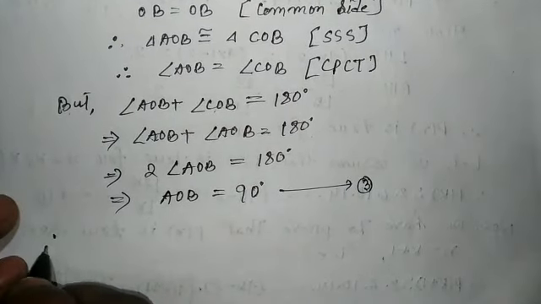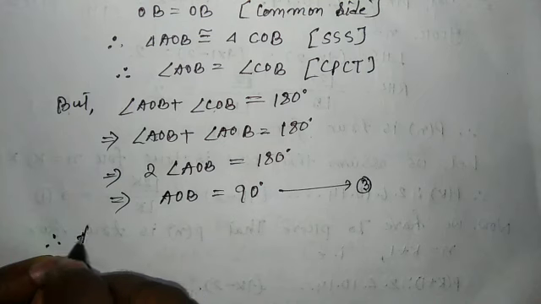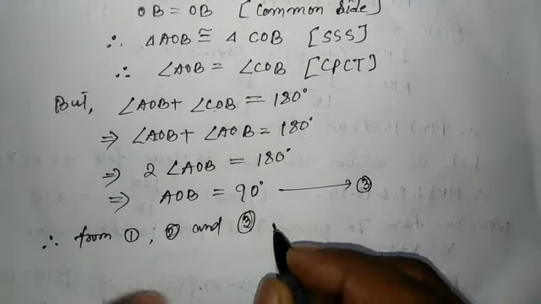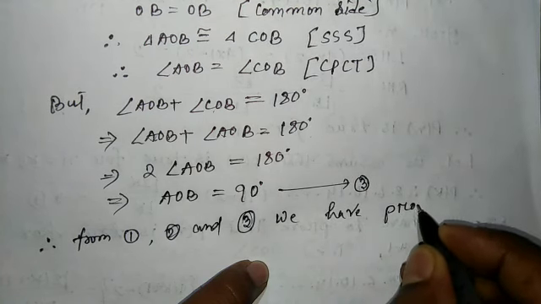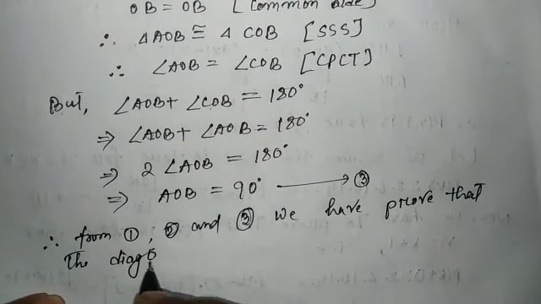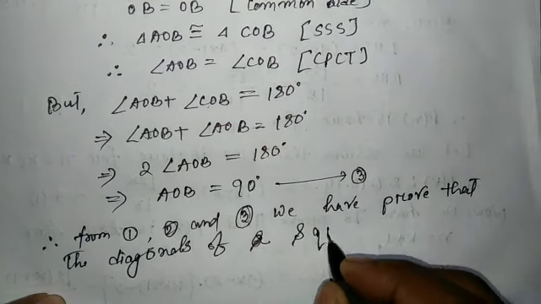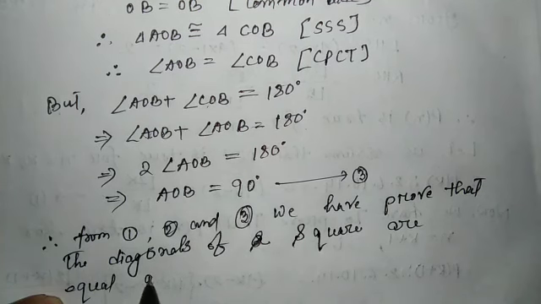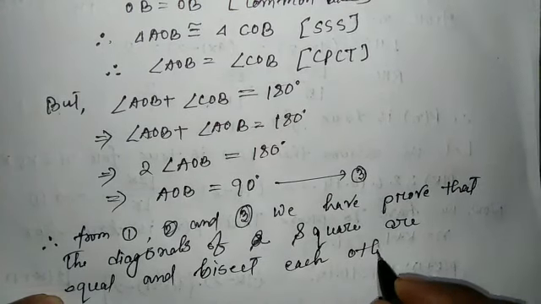From 1, 2 and 3, we have proved that the diagonals of a square are equal and bisect each other at right angle.